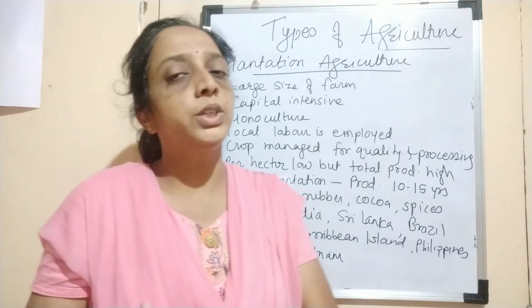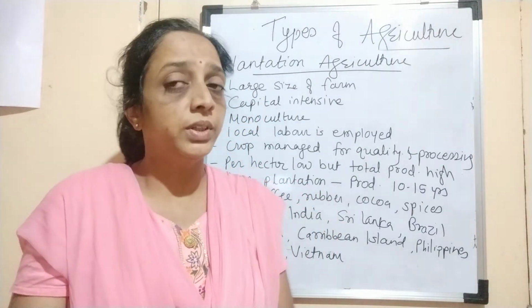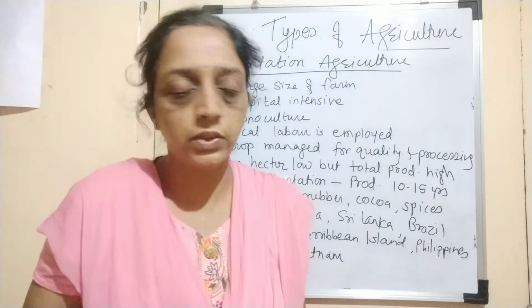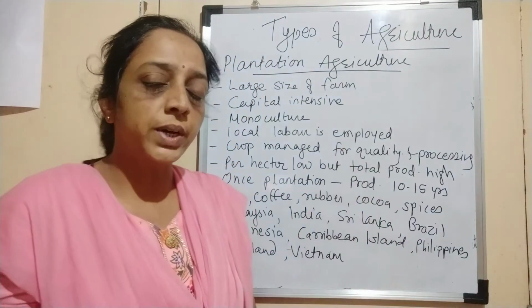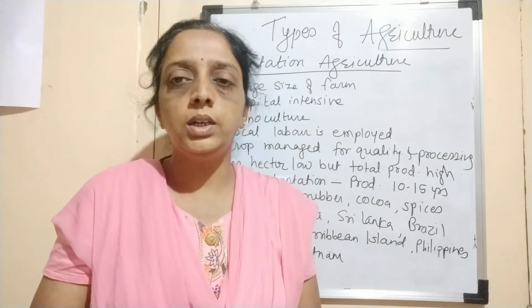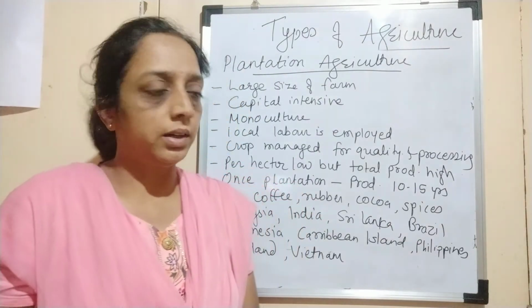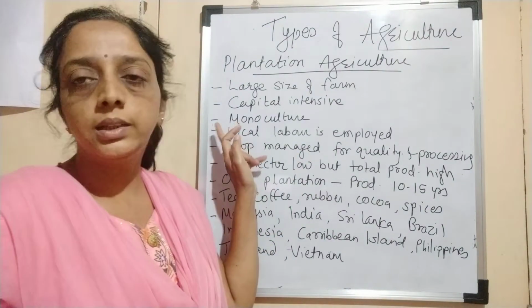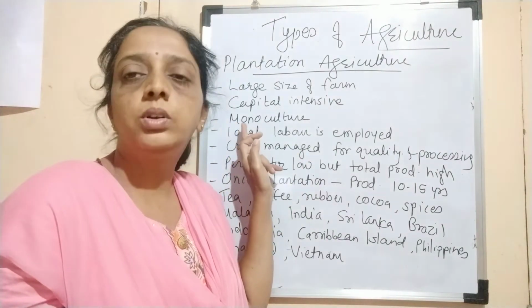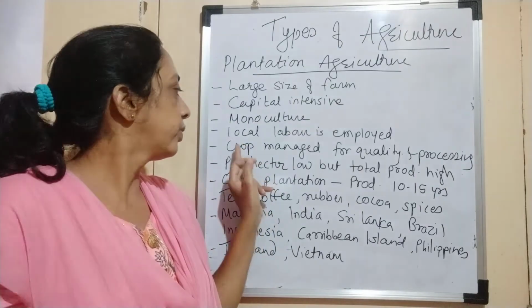In a rubber plantation, only rubber trees are there. In between, there are no different types of trees. Even for spices and cocoa, only one single crop is taken. So this type of agriculture is called monoculture.